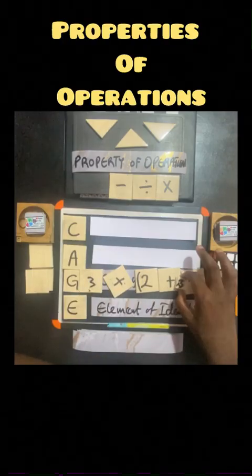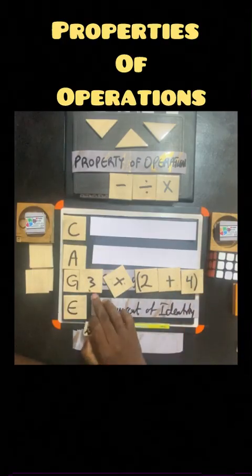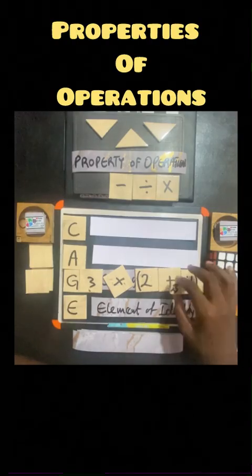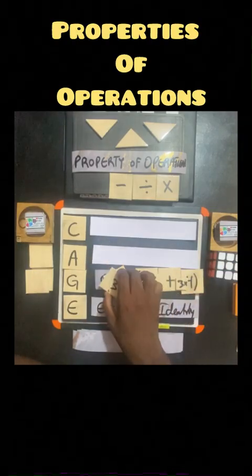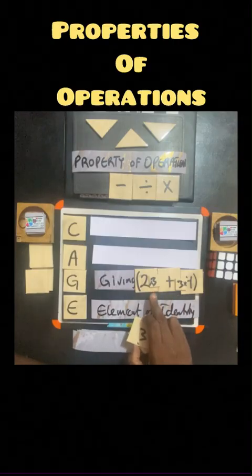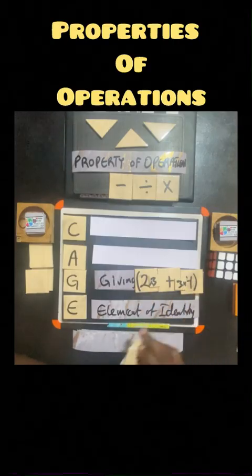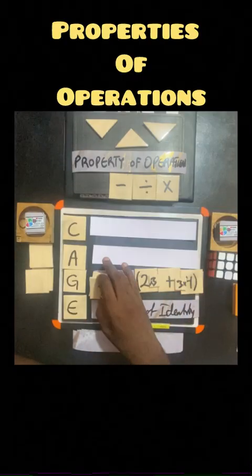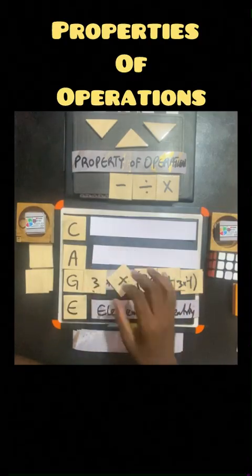Now, if I work out 2 plus 4, which is 6, times 3, that's 18, will I get the same answer if I give 3 into the bracket? I'll get 6 plus 12, which is still 18. So this property of getting the same answer when you give to the terms is called distributive property.